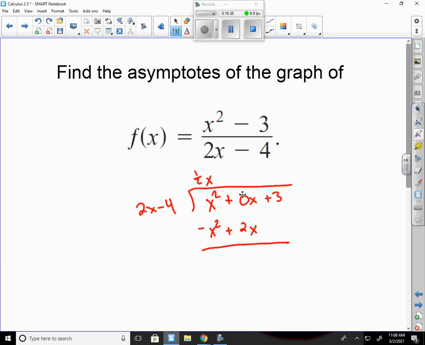You can never leave it out. Okay, so 0x plus 2x gives me 2x. And then bring down your minus 3.